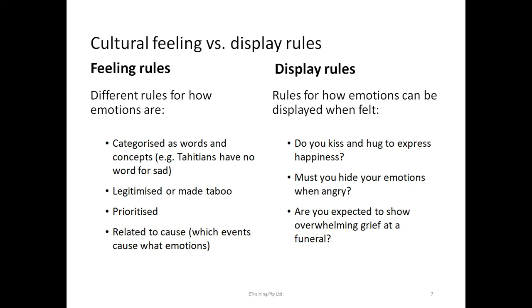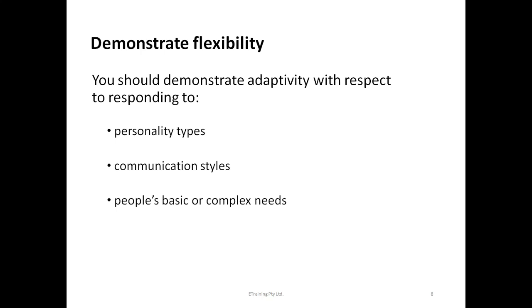This is how you display the rules according to our cultural values, cultural beliefs and cultural background, I would say. So demonstrate flexibility. You should demonstrate adaptivity with respect to responding to personality types, communication style, and people's basic or complex needs. So it means who you are talking to also matters.